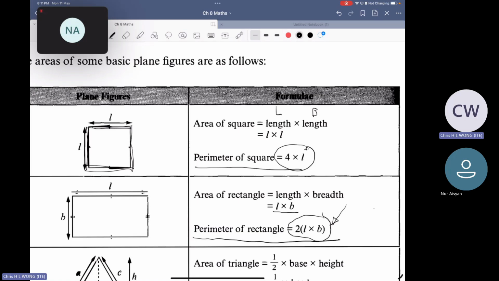So this is supposed to be L plus B, times 2. This should not be a times, it should be a plus.